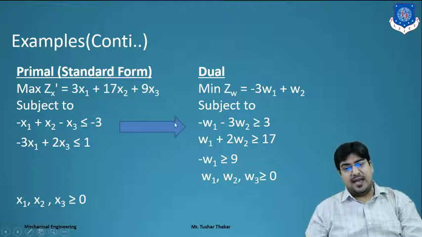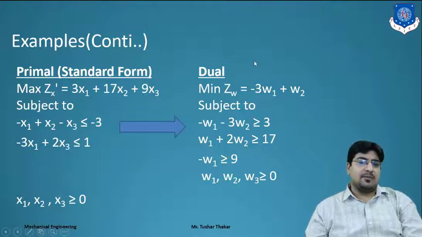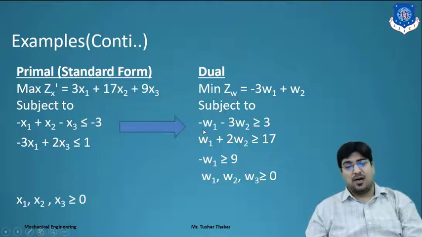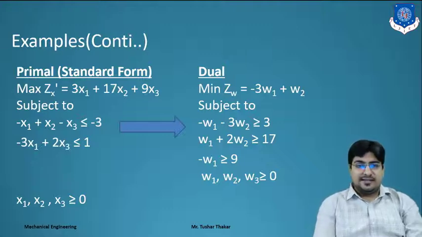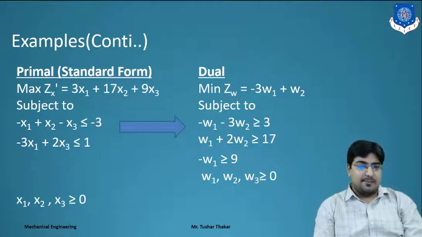So this is the basic conversion from primal to dual, a simple explanation of how we convert the primal to the dual, right? So this is the completion of the example.